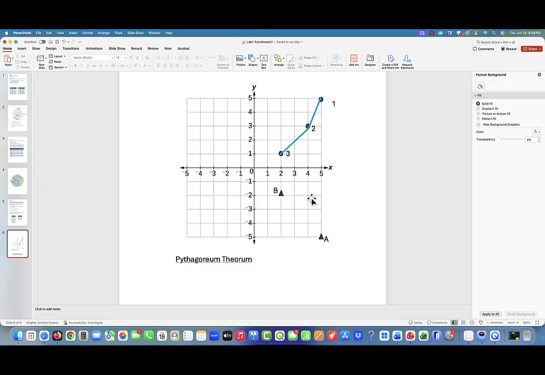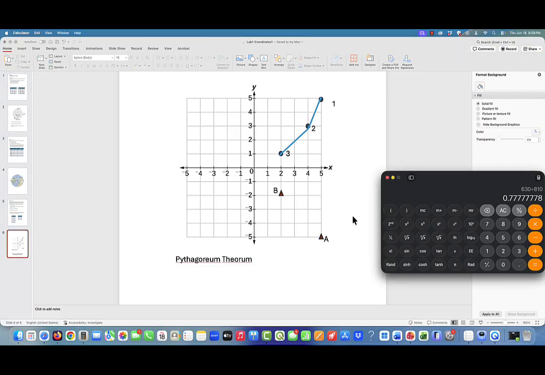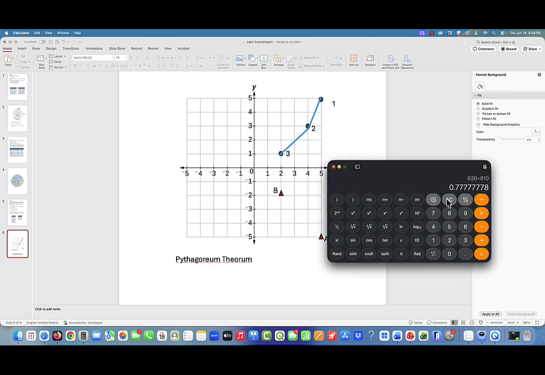So in this case, if we're going from A to B, we would be going 3 in the x direction and then 3 in the y direction. So that would be 3 squared plus 3 squared, which is 9 plus 9. Let me pull up a calculator here. In the x direction it's 3, and the y direction is also 3.